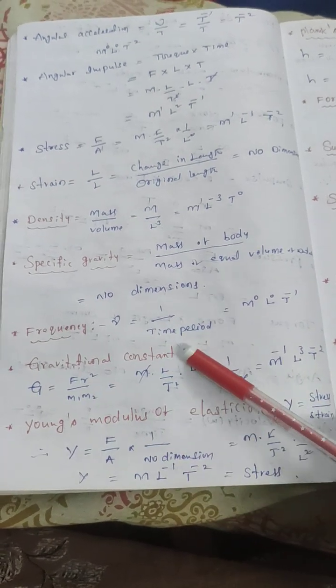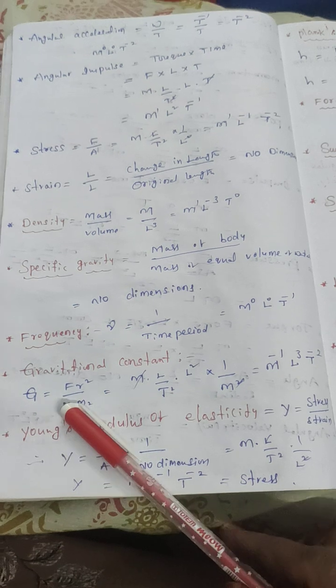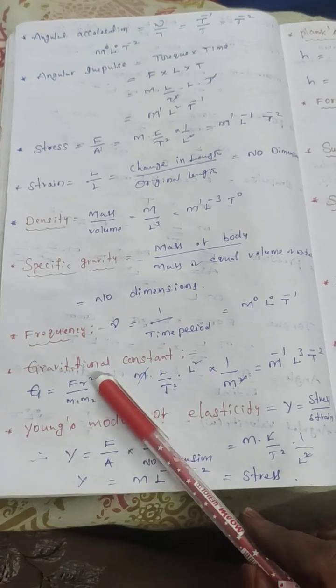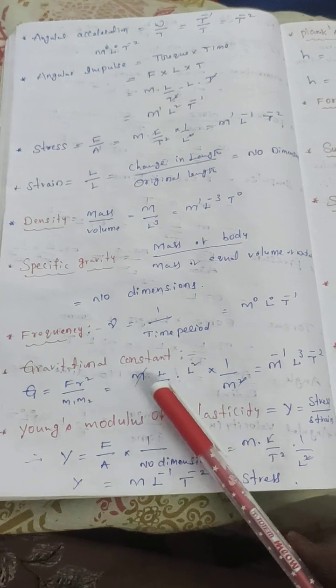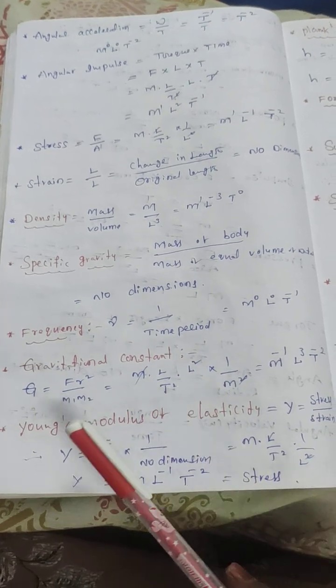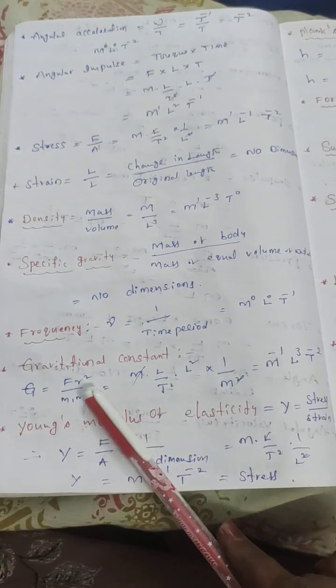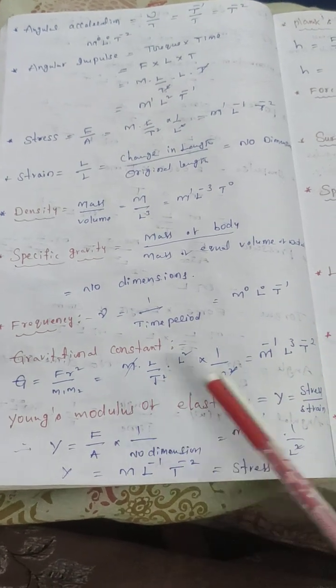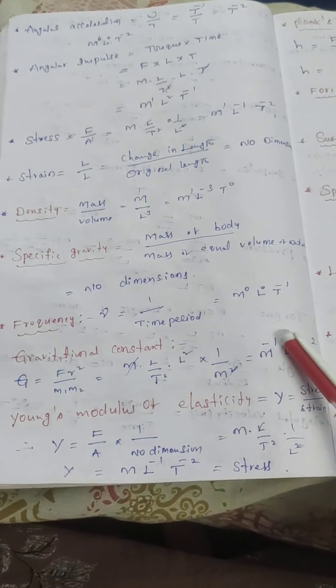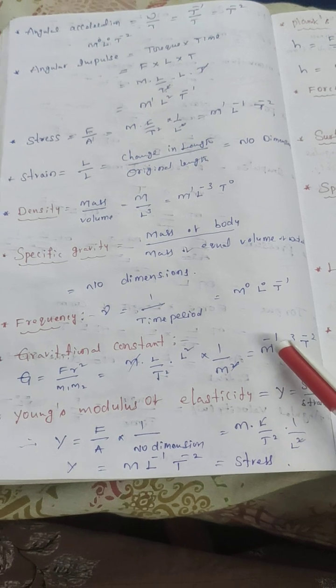Gravitational constant. G is equals to F into R square by m1 into m2. F is m into L by t square, F is equals to ma. R square is length square, by m square. M gets cancelled. M power minus 1. M value is negative. Almost we are getting all positive only.